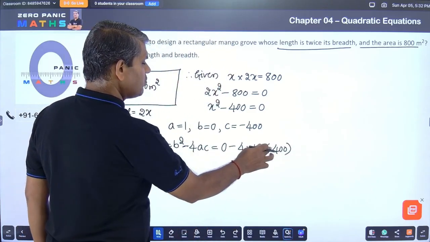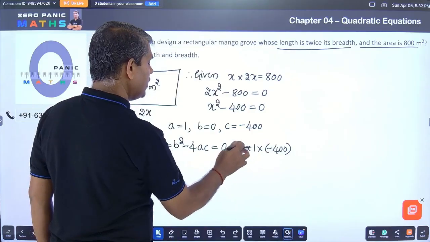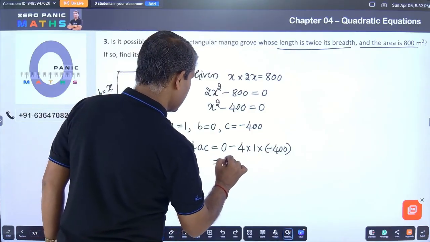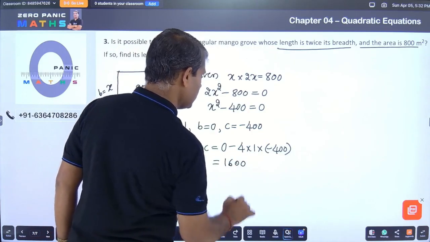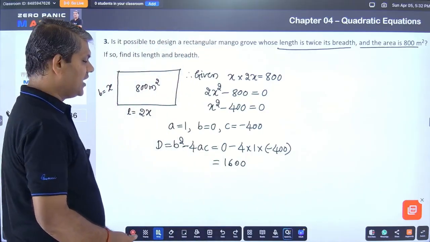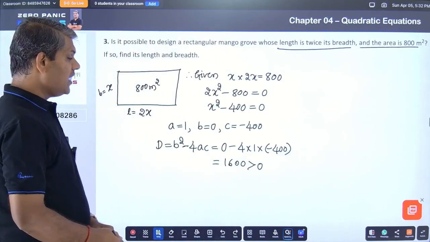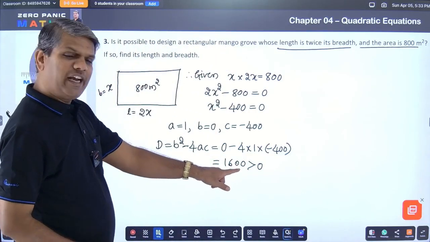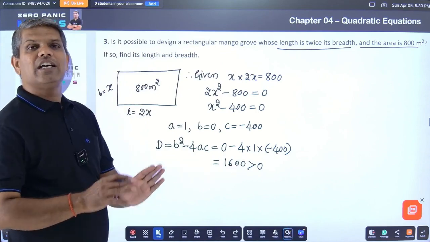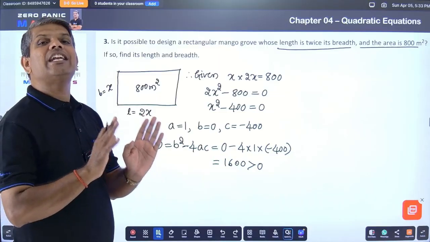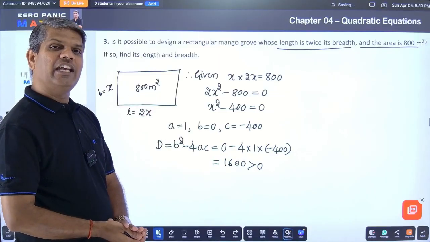So minus into minus is plus, and 400 into 4 is 1600. Plus 1600, which is greater than 0. So since the discriminant is greater than 0, it means that the roots are real and distinct.